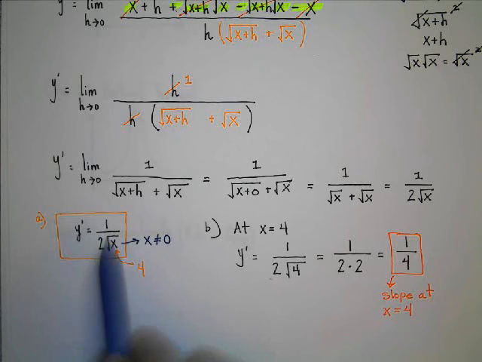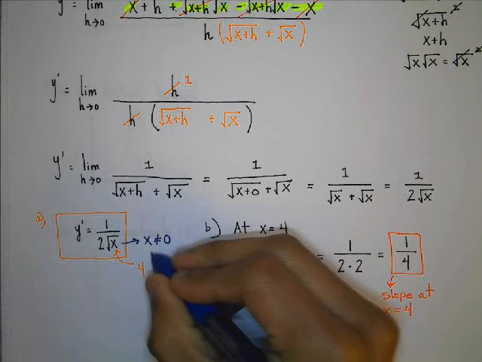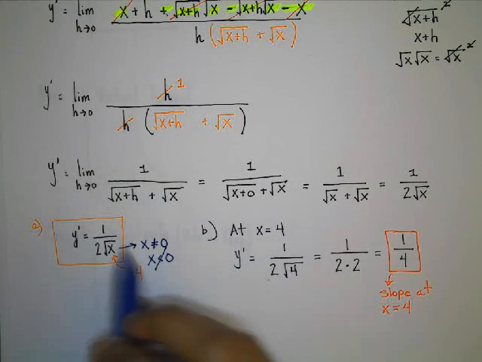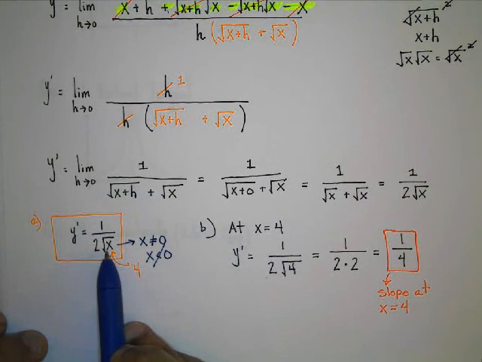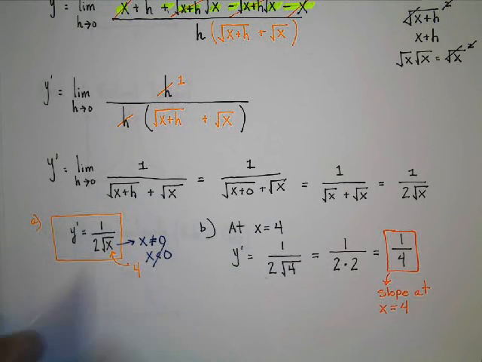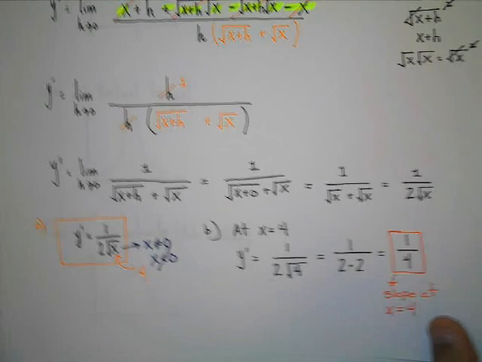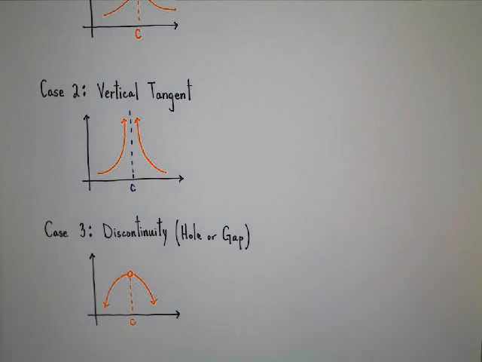So that means that the derivative is undefined there. It does not exist. Also, x cannot be negative. If x is less than 0, then you're going to have some imaginary values that are not going to really make sense when we're talking about the slope of a tangent line. So there are some restrictions when dealing with the derivative there.